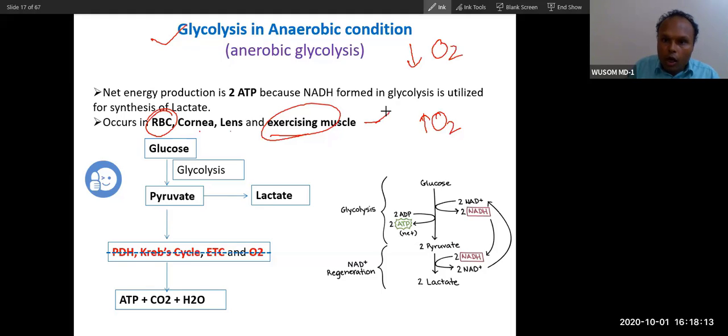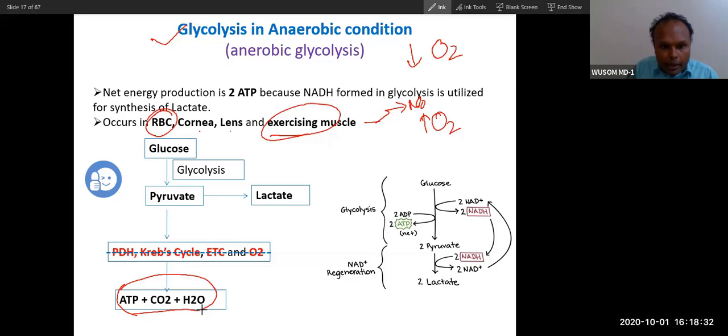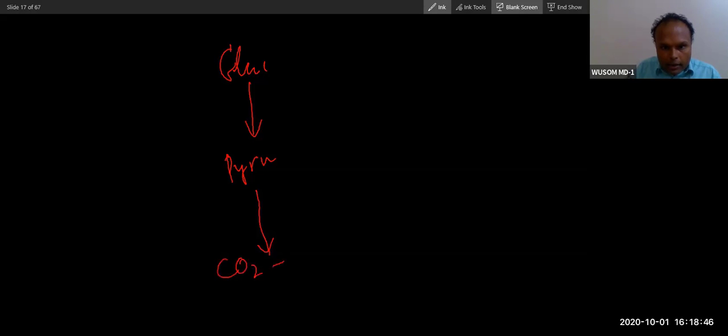I have given you here some pathological conditions. What is the normal condition? Pyruvate ultimately converts into carbon dioxide, H2O, that is what I told you, cellular respiration and ATP.